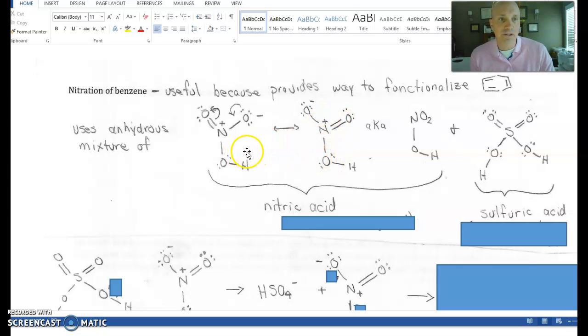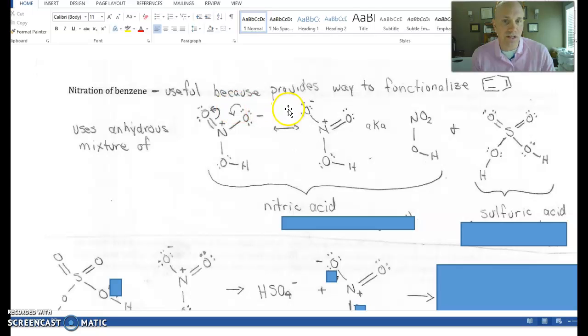Remember, one of the purposes of showing resonance forms is that it allows you to get a sense of whether electrons are individually owned by atoms or whether they are more or less shared between atoms. So the fact that we can show these two resonance forms of nitric acid indicates that it's not really true to say that this oxygen right here has a total -1 charge.